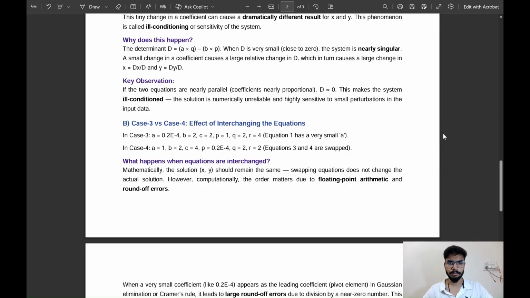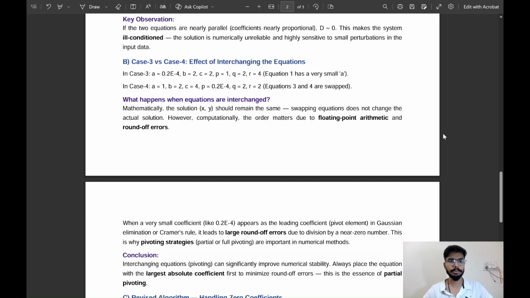Effects of interchanging the equations. Now in case 3 we will take equation 1 with a very small a, and in case 4 equation 3 and equation 4 are swapped. Now see what happens when equations are interchanged.